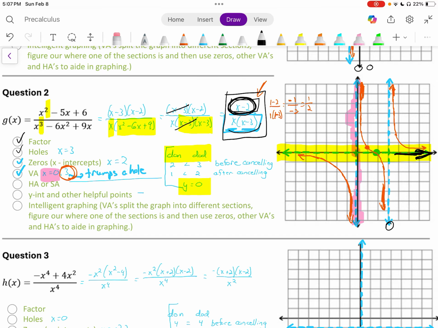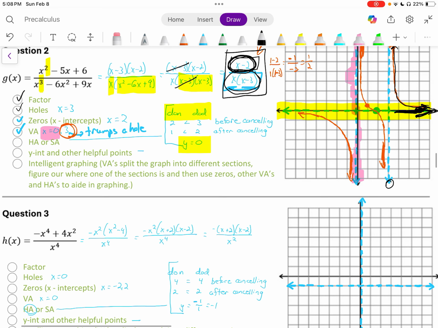If we put 100 here, we would get a positive number, and a positive over a positive is positive, which means on this horizontal asymptote we would want to be above it, because above the x-axis is positive. So we could know it was above the x-axis, which means it would have to go up this way. And once we knew that branch of the function, we could know the other ones.